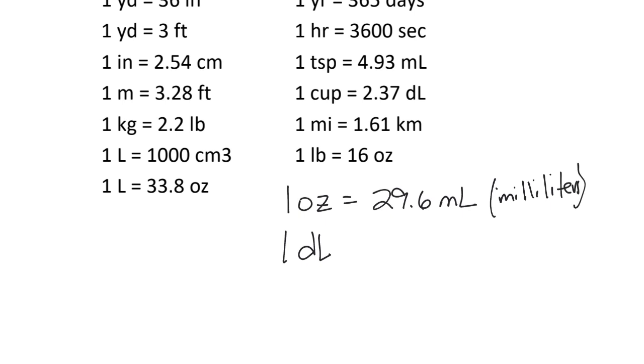Oh, that's an S. And then dl is deciliters. But as I said, we'll get more into that with the next video. And this is 20.3 teaspoons. Okay, I guess in some of the examples we'll be using those.